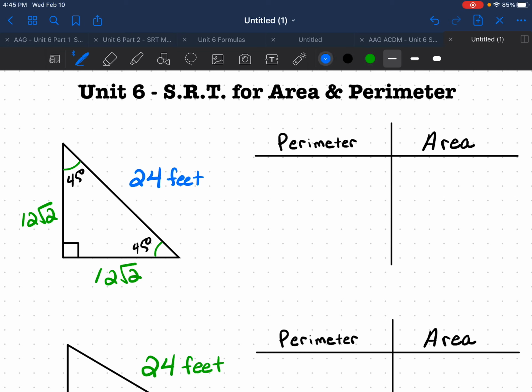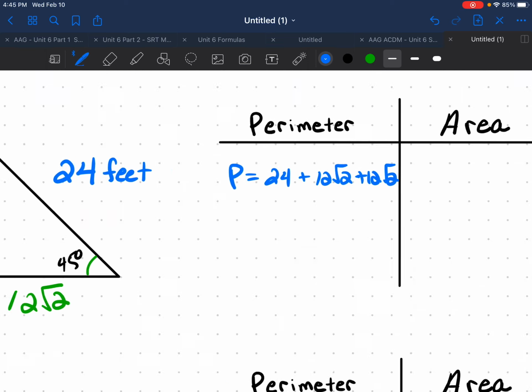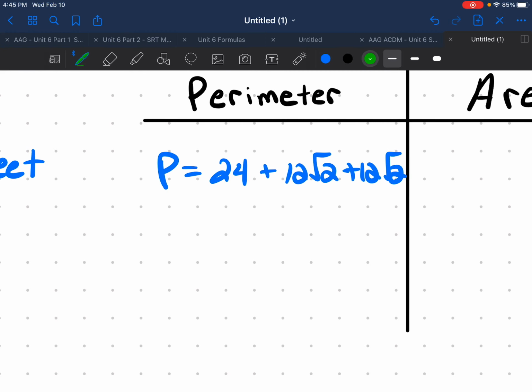Alright, so here we go. For perimeter, I'm going to start off by writing the lengths of the 3 sides. So I'll have 24 plus 12 radical 2 plus 12 radical 2. Please remember, we can only combine apples with apples, right? We can only combine our like terms.